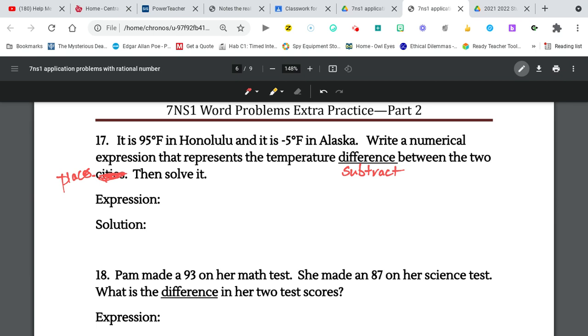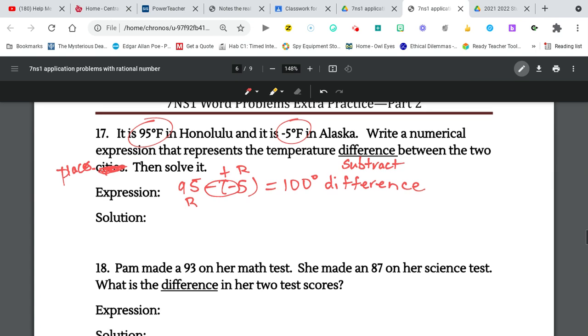So you subtract elementary style. When I say elementary style, put the higher number first. So the higher number is 95, so it's going to be 95 subtract the other number. The other number is negative, so let's put it inside of parentheses, okay? This goes to the right, and this also goes to the right, so it gives us a 100-degree difference between those two places, if that makes sense.